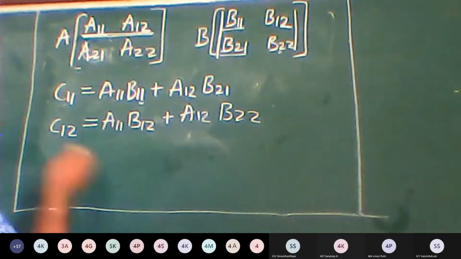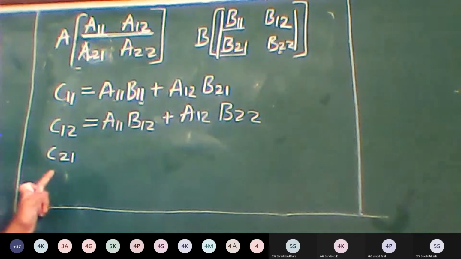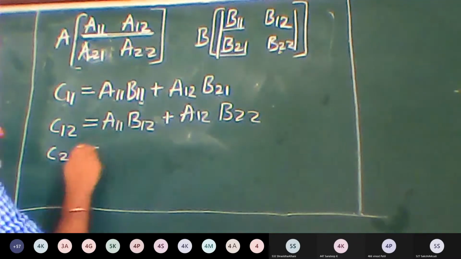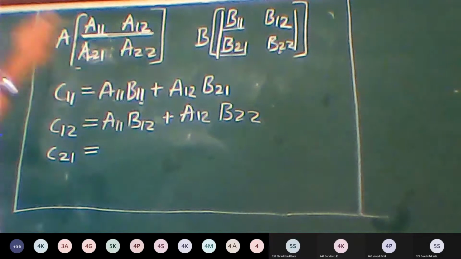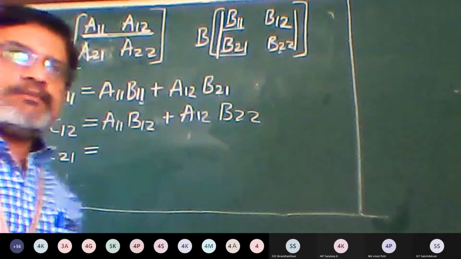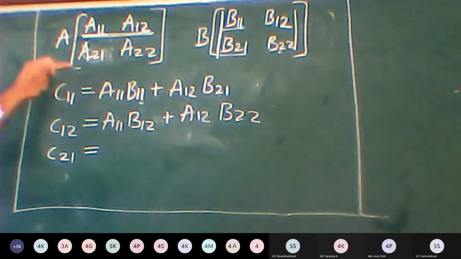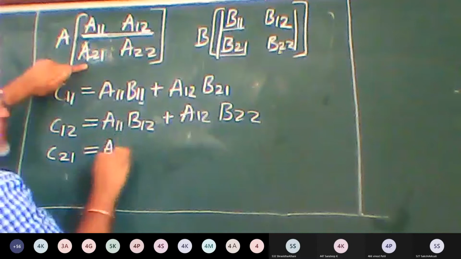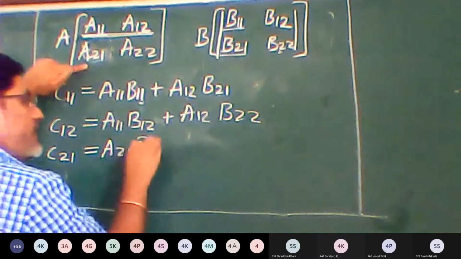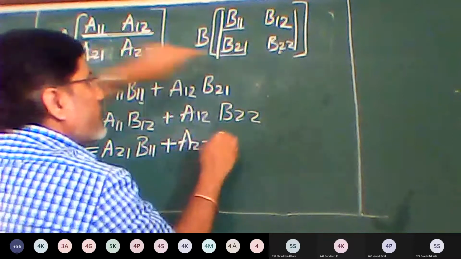Now, C21, that is second row, first column. How can we compute? Can you tell me which row in the A matrix and which column in the B matrix? Second row, first column. Very good. So A21 into B11 plus A22 into B21.